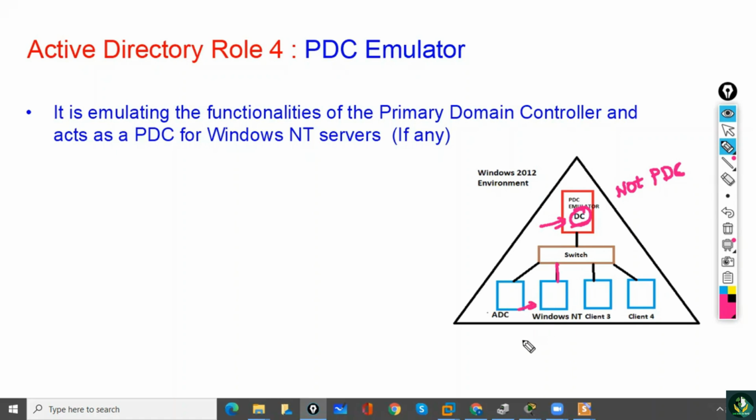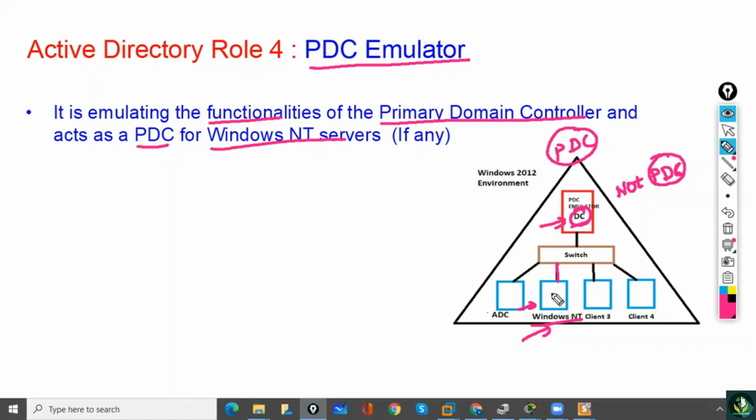These Windows NT devices don't recognize a domain controller. They need a PDC, a primary domain controller, but we don't have one. So this service, PDC emulator, emulates the primary domain controller. It will act as a primary domain controller for the Windows NT operating system. So it is emulating the functionality of a primary domain controller and acts as PDC for Windows NT servers, if you have Windows NT servers in your environment.